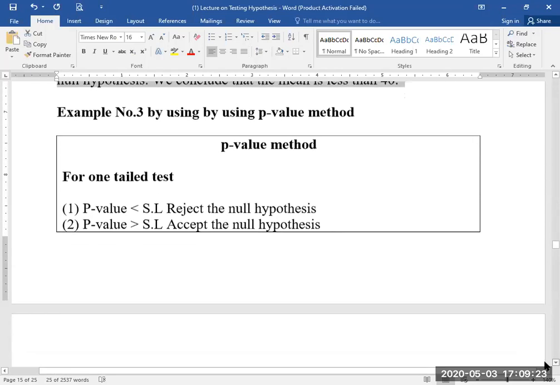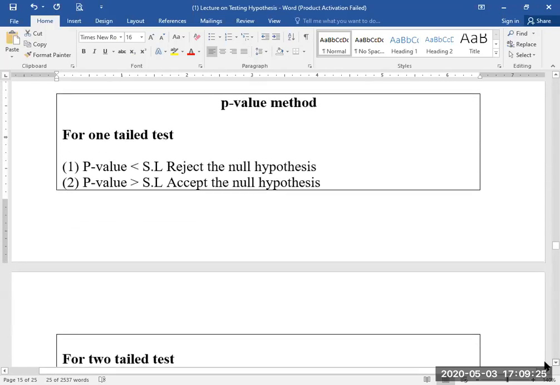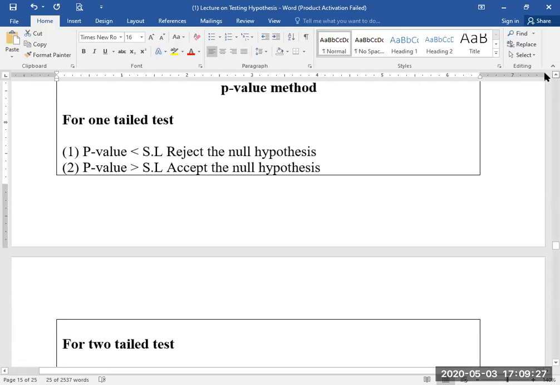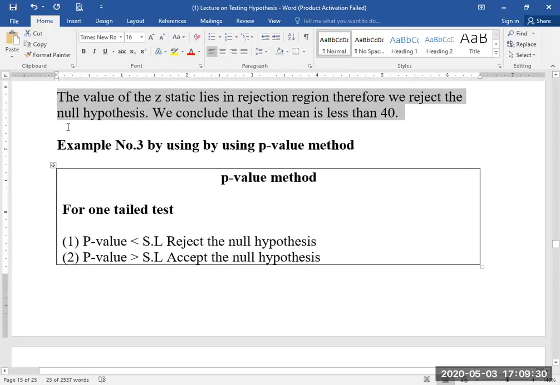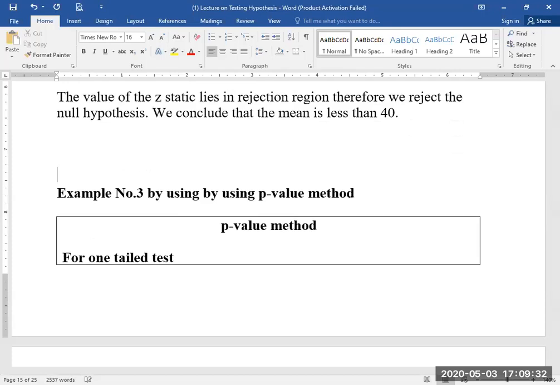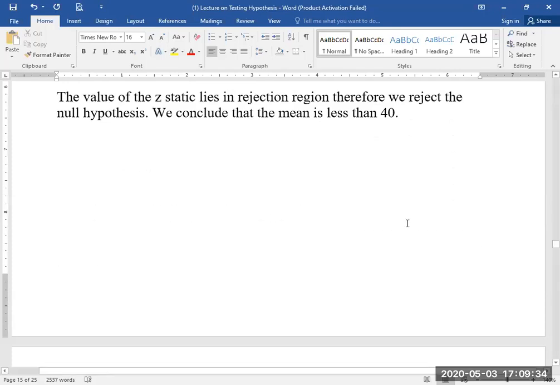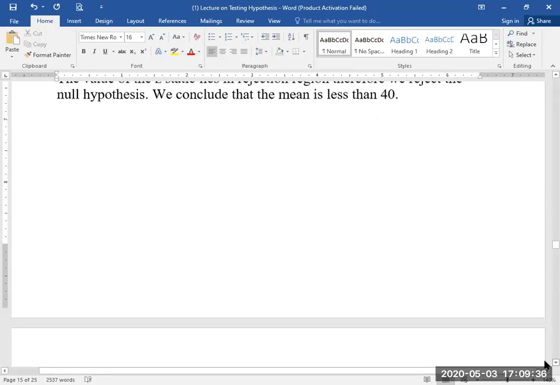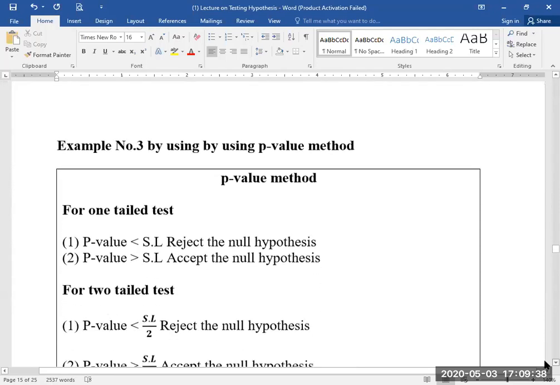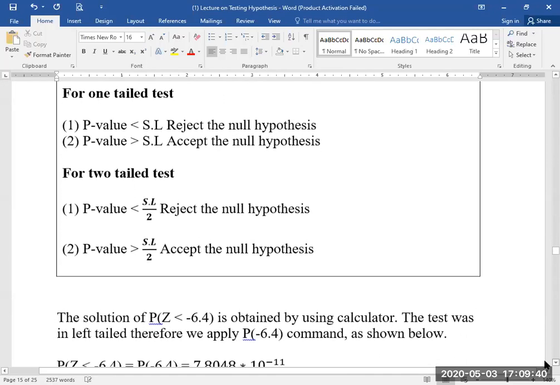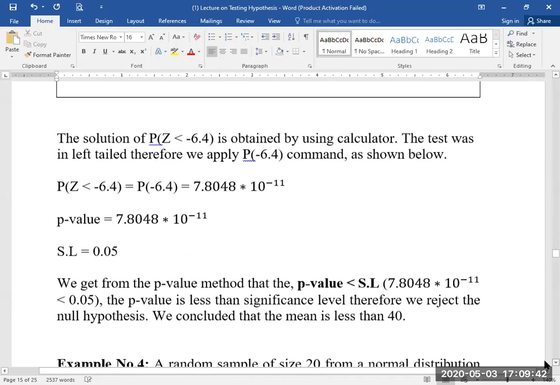Okay, student, from the p-value method, this is the table that I have written again for you because it will refresh you. This is the value, student, for two tail test and one tail test. Now we know the rejection region was on the left side.